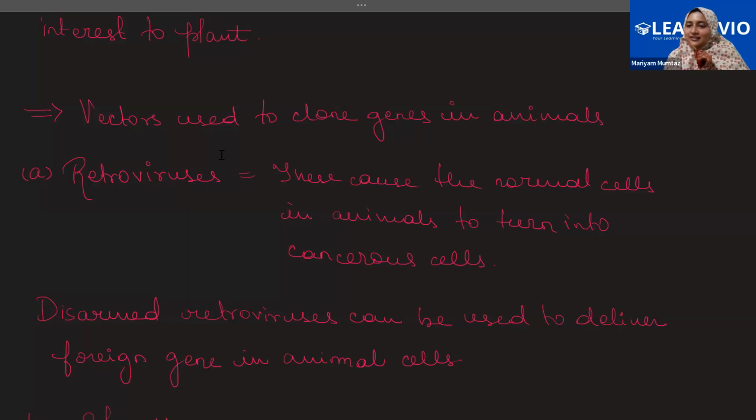Because it is a virus with RNA as its genetic material. The HIV viruses are RNA viruses, and any virus that is an RNA virus is a retrovirus. What property did the HIV virus have?